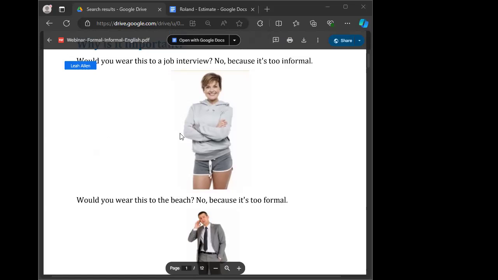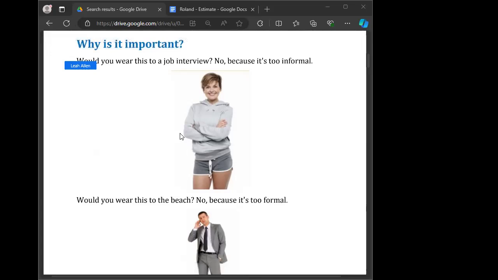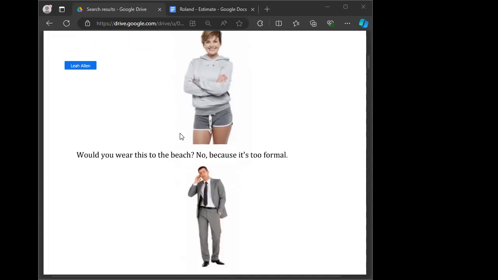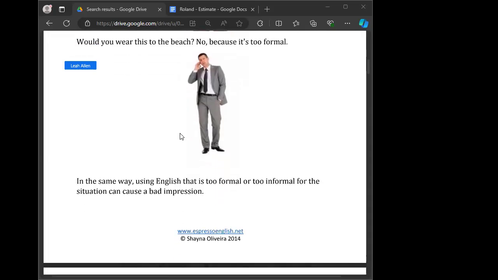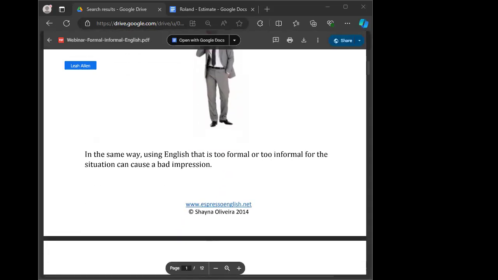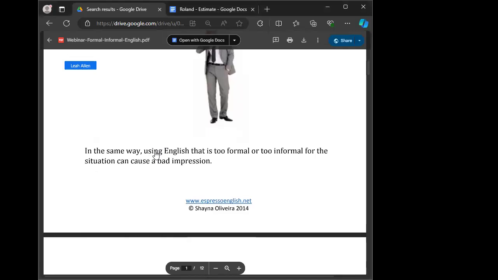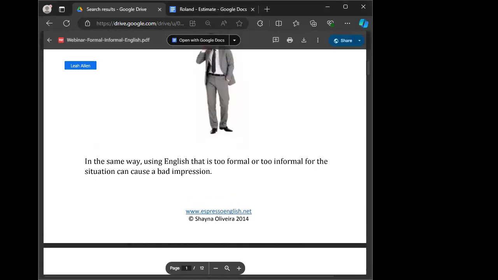So obviously wearing a tracksuit to an interview is too informal. And then wearing a suit to the beach is too formal. In the same way, using formal or informal language in the wrong place is going to cause a bad impression.